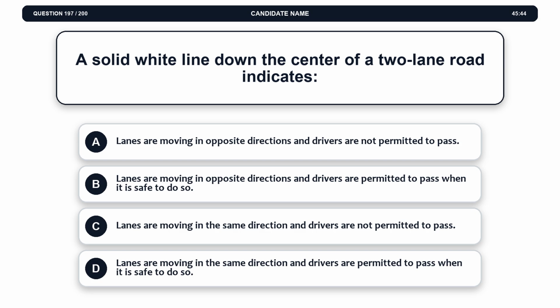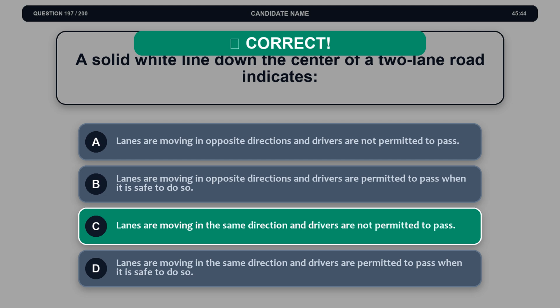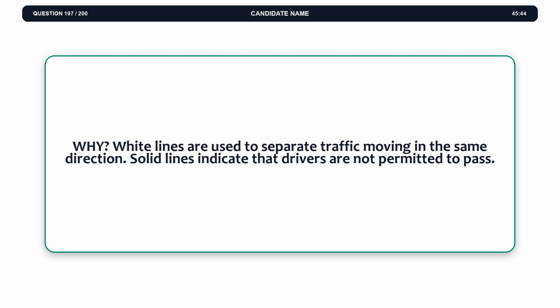Option D. Lanes are moving in the same direction and drivers are permitted to pass when it is safe to do so. The correct answer is option C. Lanes are moving in the same direction and drivers are not permitted to pass. Explanation. White lines are used to separate traffic moving in the same direction. Solid lines indicate that drivers are not permitted to pass.